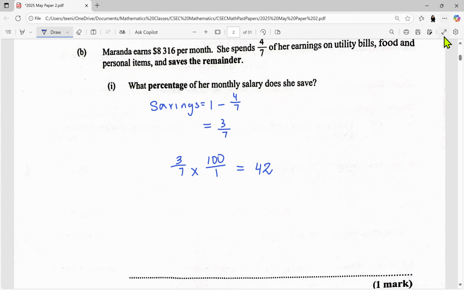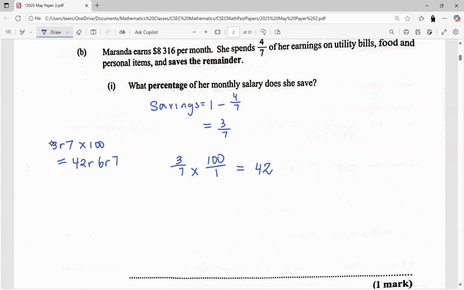Joshua, do you know how to change it to a fraction on your calculator? I don't know. Okay, what kind of calculator do you have? A Sharp. Okay. So the key that you use, did you type 3 fraction key 7 times 100? Is that what you typed on your calculator? Yes, please. Good. And when you got it, it would show up as 42 and 6/7.